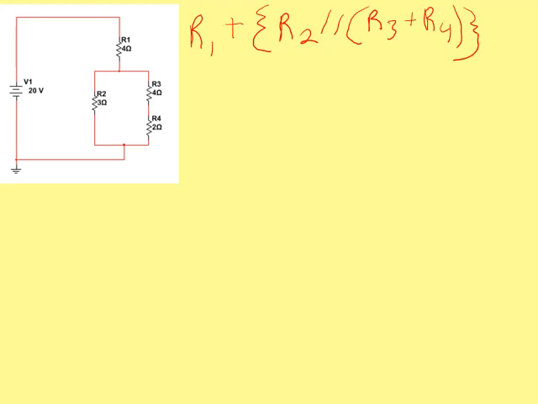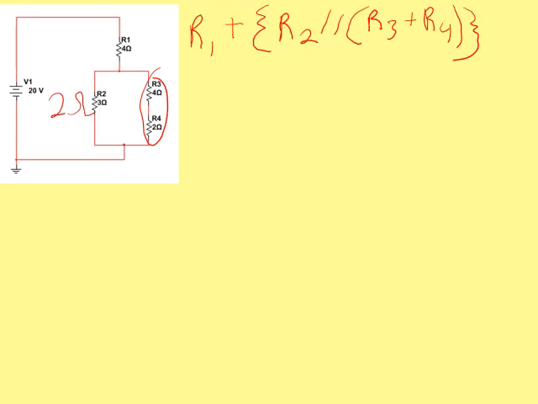So, first thing I'm going to do is figure out the parallel combination. You add these two together, and you put that in parallel with R2. So the series combination of R3 and R4 in parallel with R2 is 6 times 3 divided by 9 equals 2. So this whole part is 2 ohms.